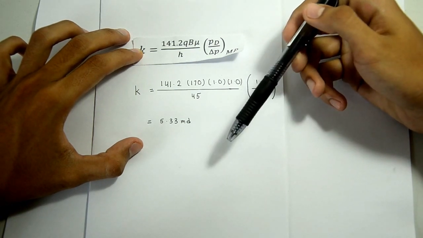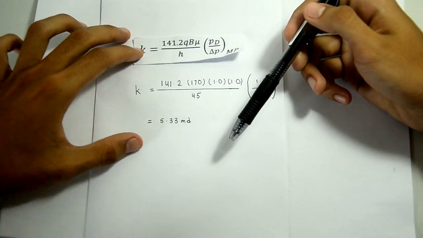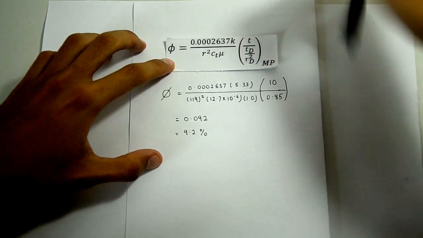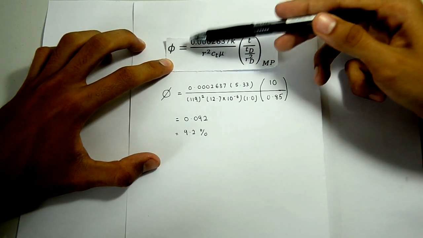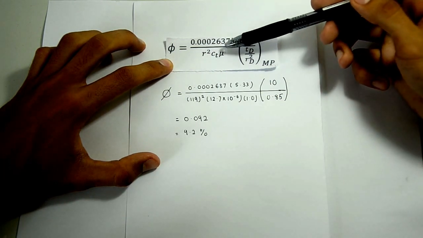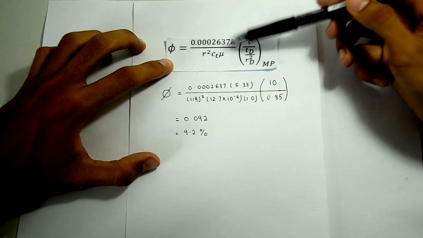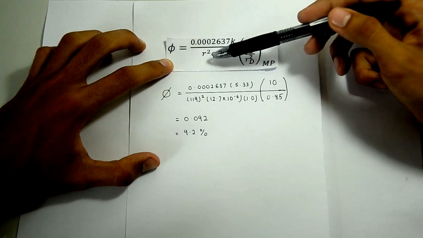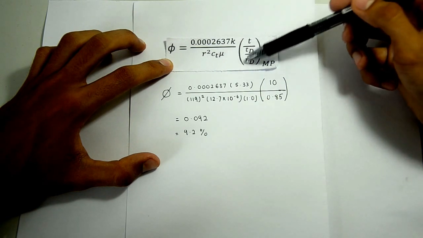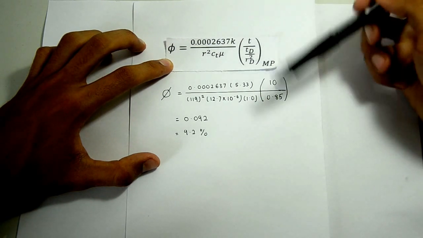Next, we can calculate porosity using the formula of this. Porosity equal to 0.000267 times K over R square times Ct times mu times TD over RD square.